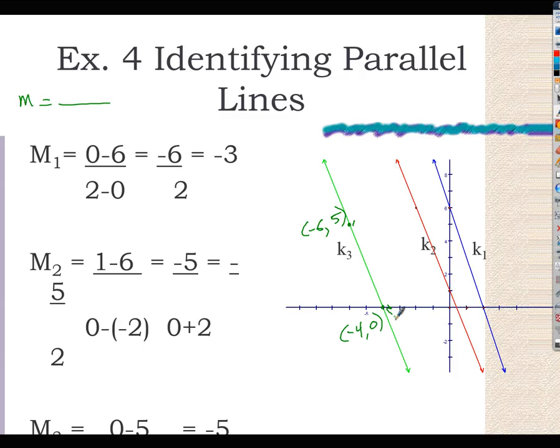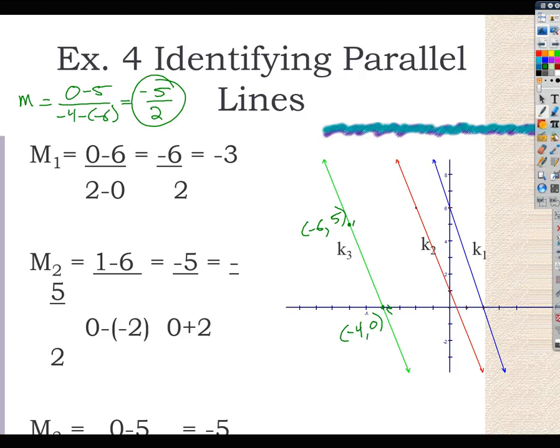So what's the rise? y2, 0 minus 5, over the run, which would be -4 minus -6. What's that give us on top? -5. And on the bottom, what's -4 minus -6? +2. Good, so we're adding 6. So there's my green slope, -5/2.